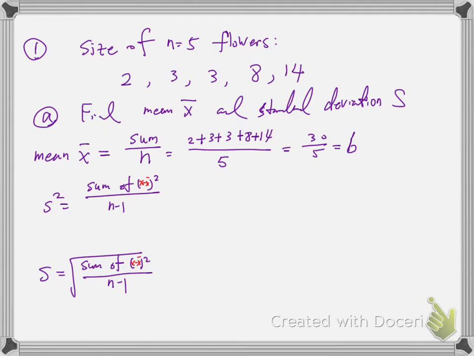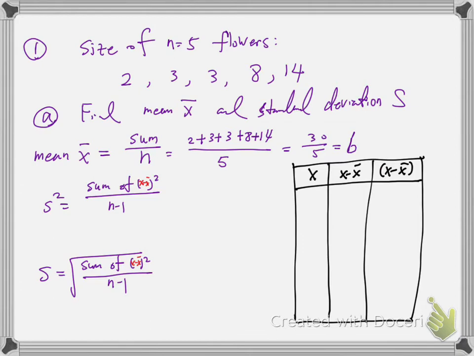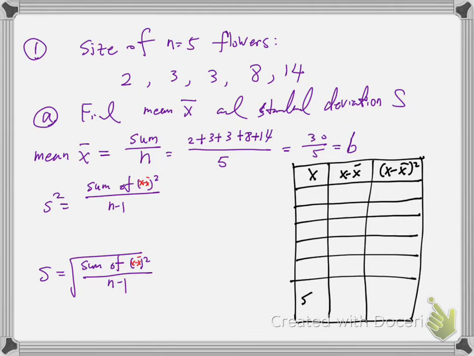In most cases we use a table to find this. We have x minus x bar, and then x minus x bar squared. There are 5 given numbers, so we have 5 rows, and the last row we call sum.